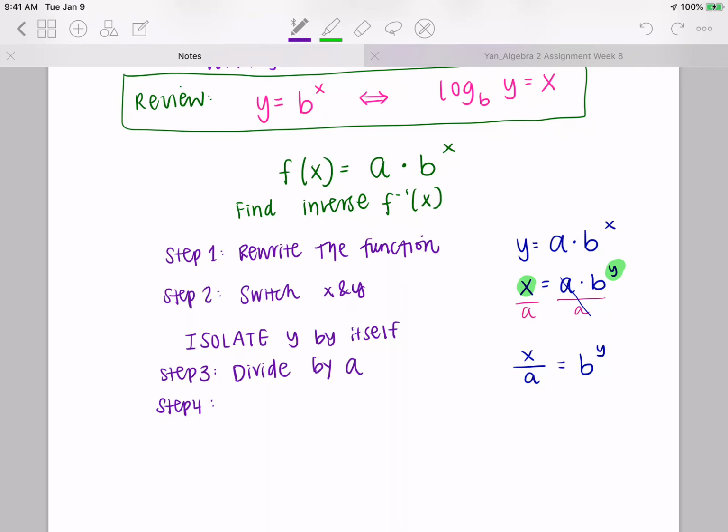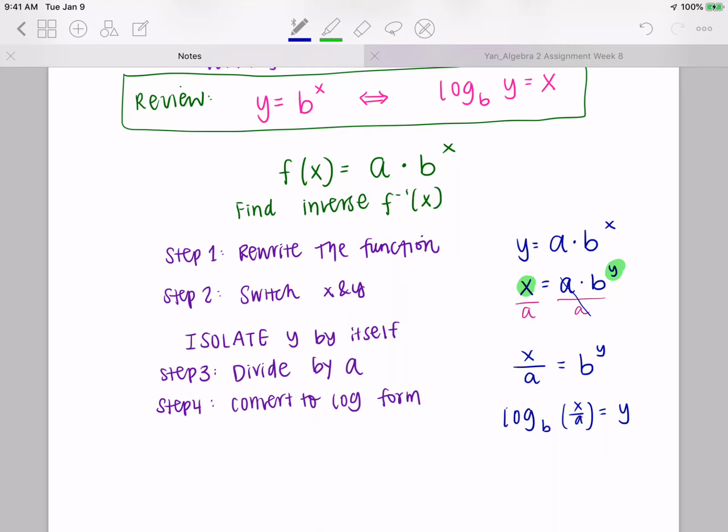We have to convert to log form, which means I'm going to write log base b of x over a equals y.